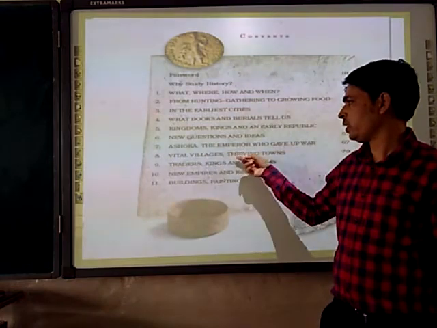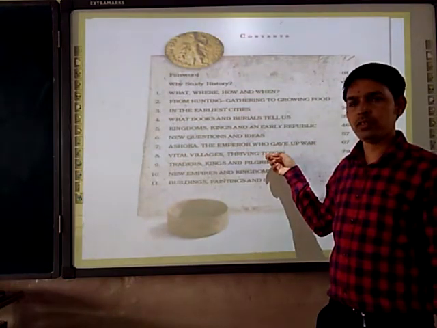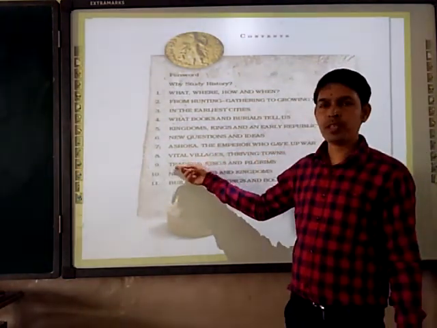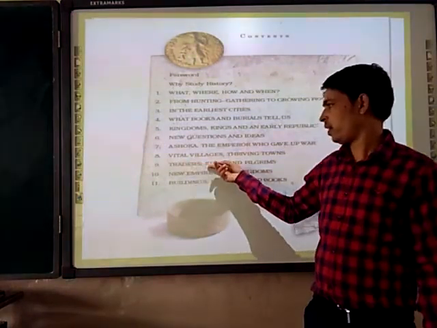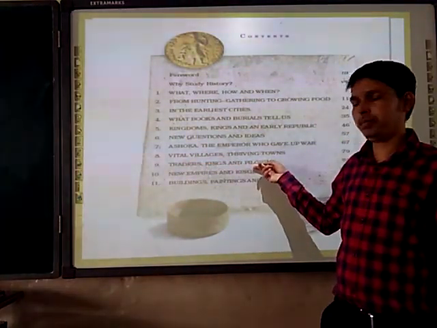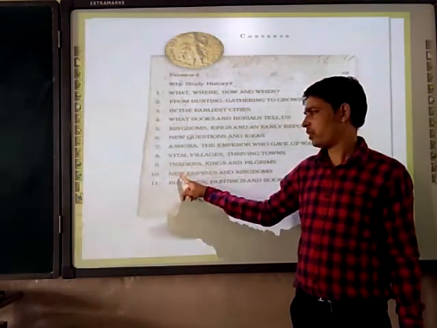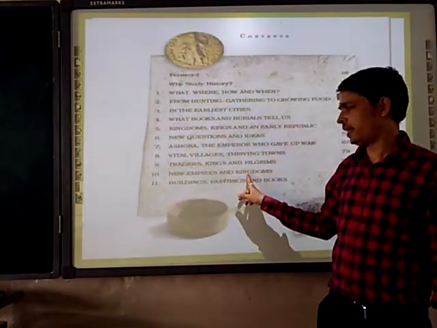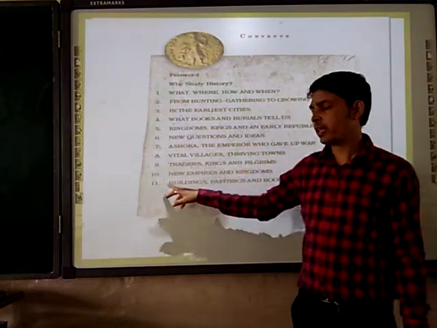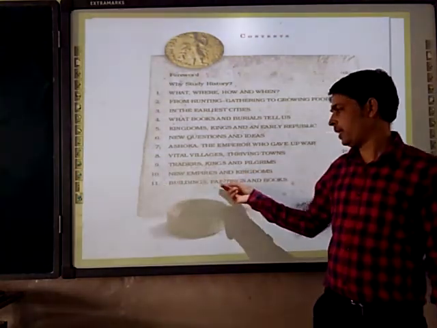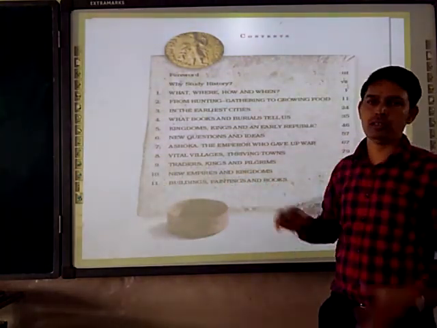Vital Villages, Thriving Towns. 9. Traders, Kings and Pilgrims. 10. New Empires and Kingdoms. 11. Buildings, Paintings and Books.